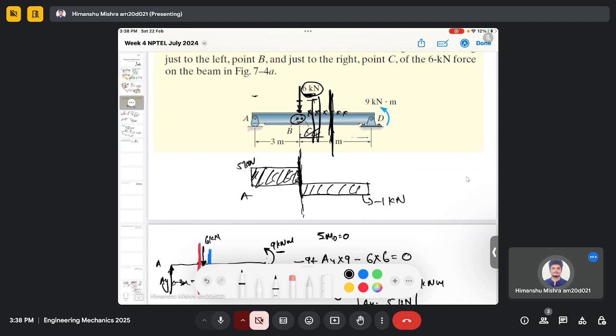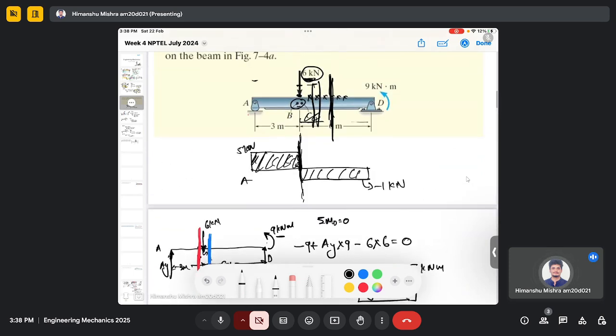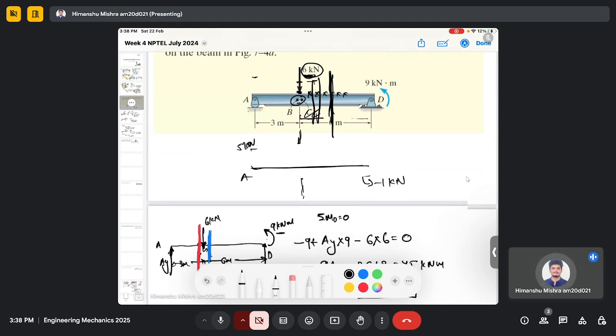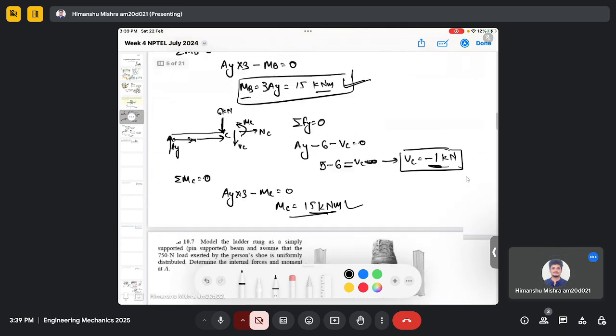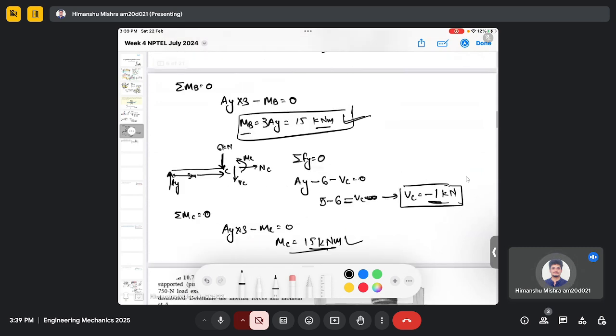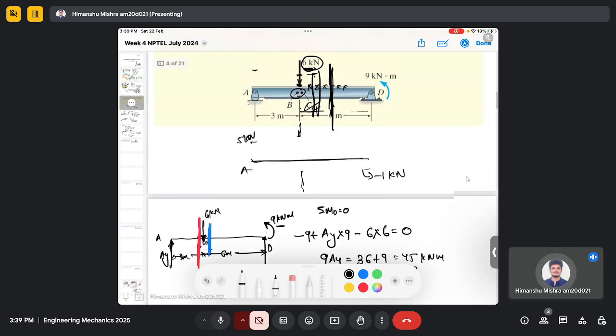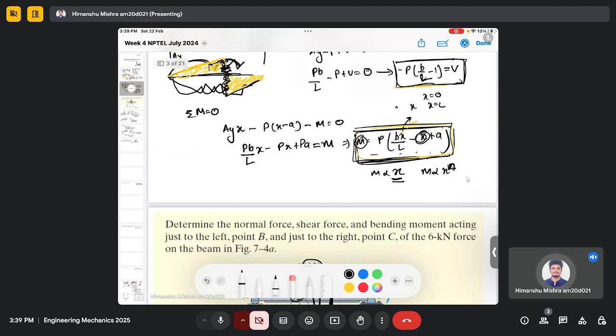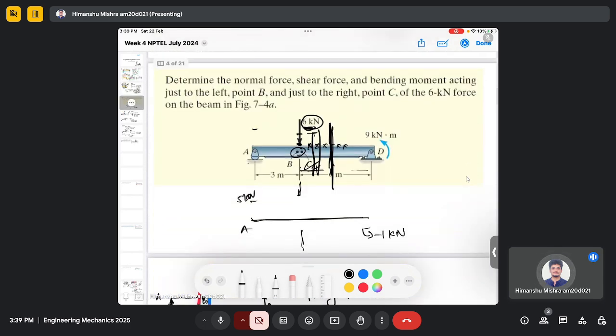But there will be no sudden change or discontinuity in the moment. So if I make the bending moment diagram, even though I don't have space here, let me try to make here also. If I make here the bending moment diagram, so you can see that at MB it is 15 kilonewton meter, and we discussed previously that bending moment should vary linearly because M is proportional to X. So it should vary linearly, somewhat like this.